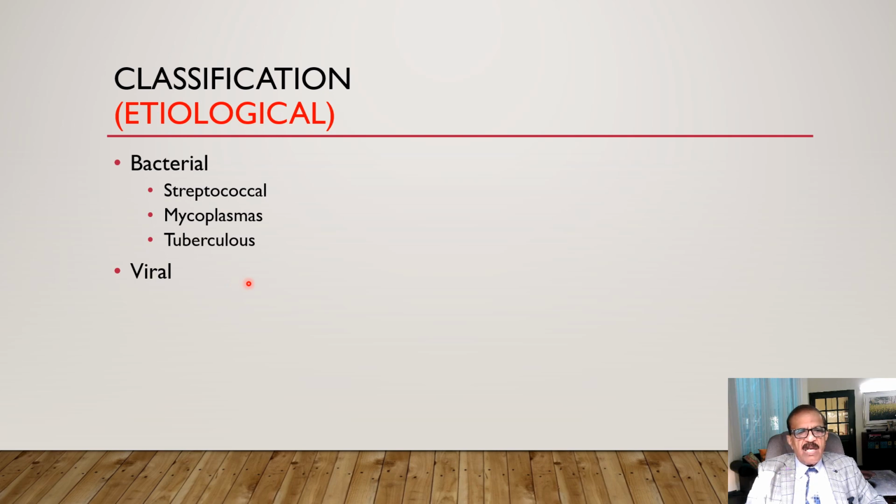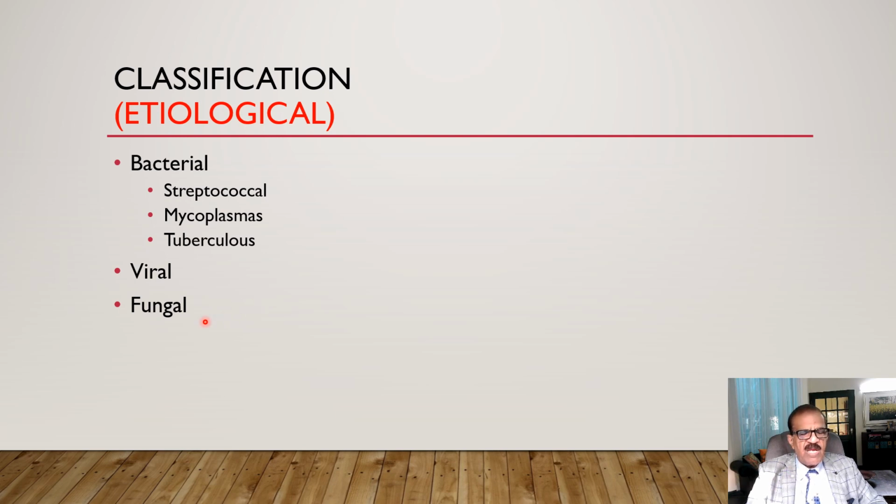Then viral pneumonias. The virus can cause pneumonia in two ways. Number one, virus itself can cause pneumonia. That is relatively more serious. But there is a possibility of bacterial infection following a viral infection. So in that case, it would be a bacterial pneumonia, only precipitated by viral infection. Fungal pneumonias, very, very rare, only seen in people with compromised immunity.